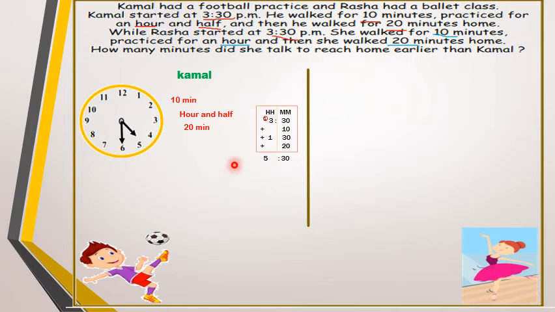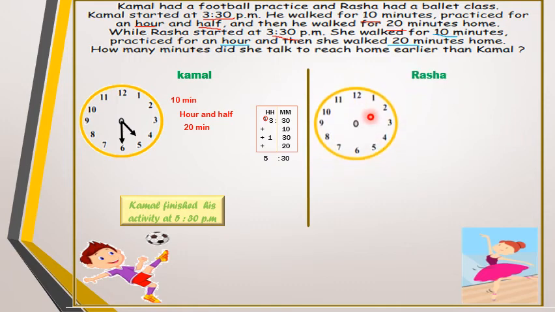So now we calculated it in many ways: in a mental way, using the analog form and using the digital form. So this means he finished his activity at 5:30 p.m. So let's see how much time she took.